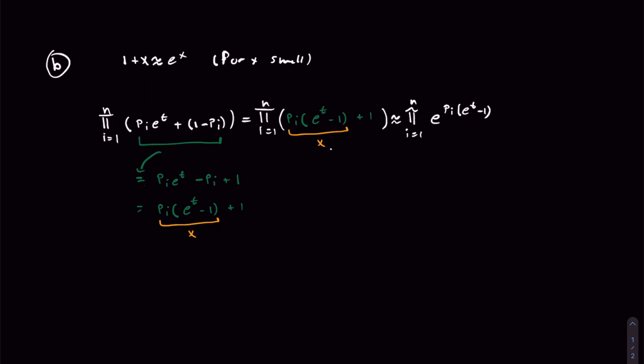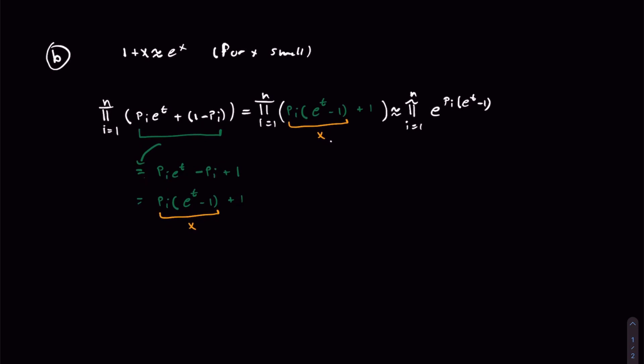And now in the next step, we're going to figure out if we can simplify what is happening in the exponent of e, thinking about what is happening in this multiplication here. So let's just write out the whole expression in the following way.